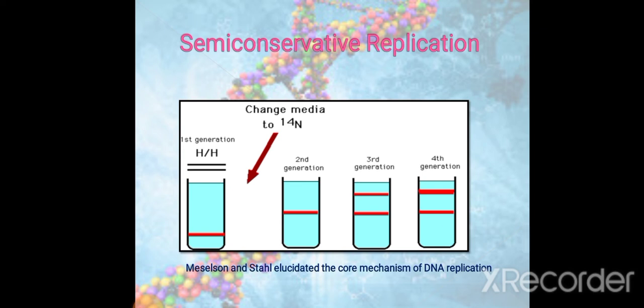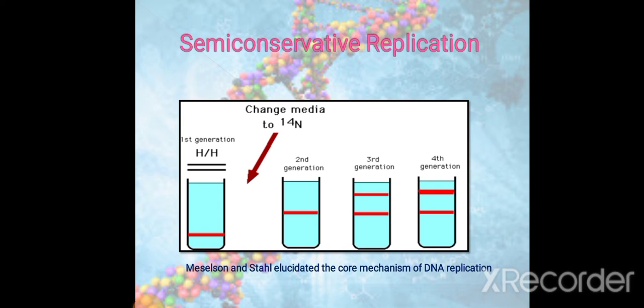Now within this figure you can easily observe that within the first generation there is the presence of only the N15. Means here only a single type of nitrogen is present. Now whenever the media is changed to the N14, then there is only the presence of the intermediate band, which contains both N14 and N15, means in density it is in between N14 and N15, and it is called the intermediate.